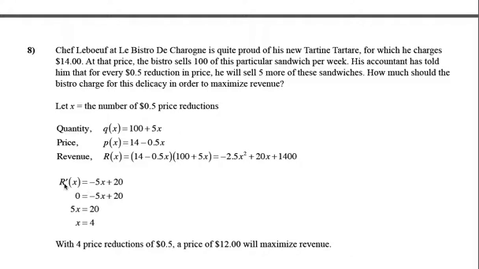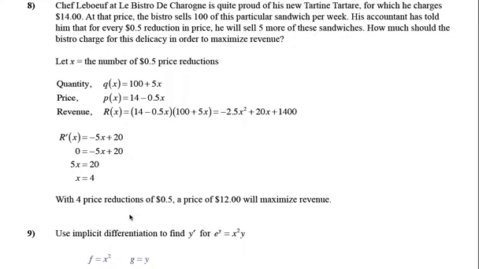So R prime, the revenue prime, is negative 5x plus 20, and we set that equal to 0 to find the x value that's going to maximize revenue. We add 5x to both sides, divide both sides by 5, and we have x equals 4. So 4 is the number of price reductions that will maximize revenue.